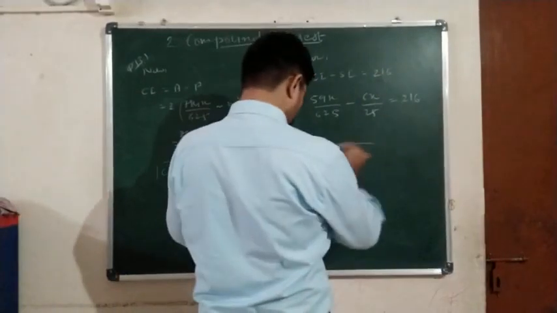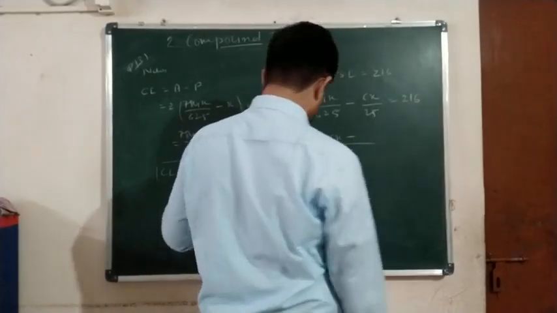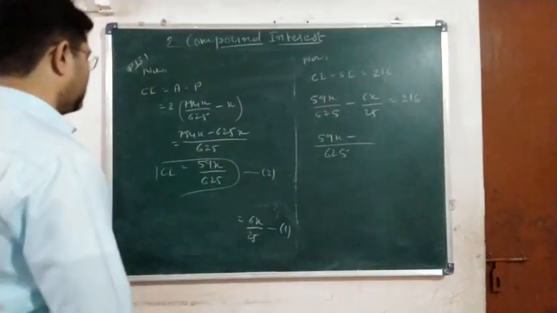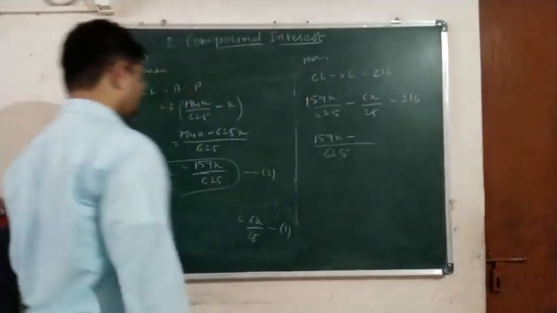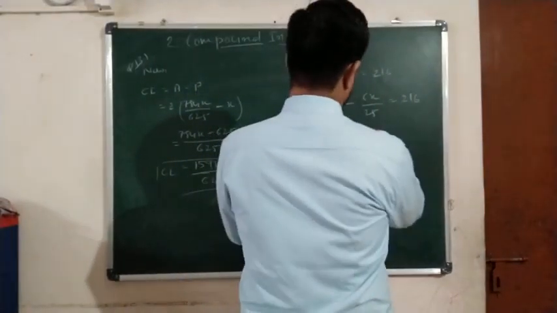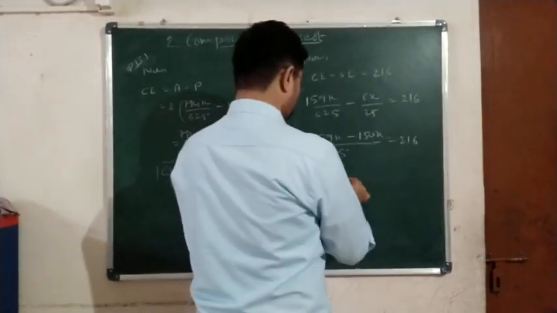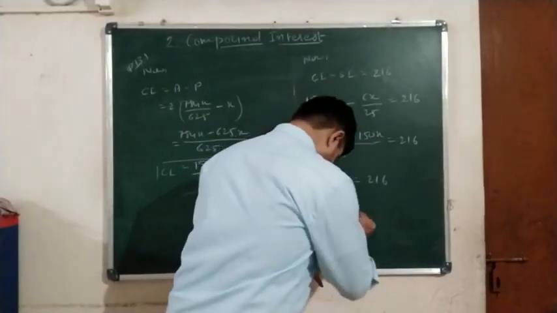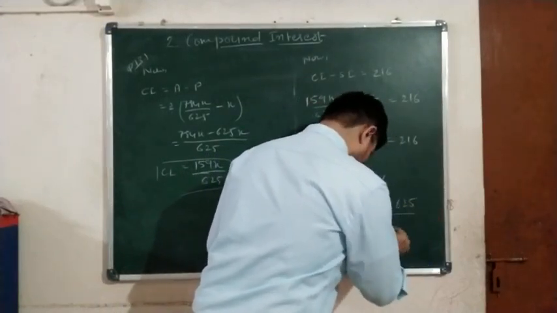LCM will be 625 only. 159x minus 25 times 6, that is 150x, is equal to 216. Therefore 9x upon 625 is equal to 216. Therefore x is 216 into 625 upon 9.